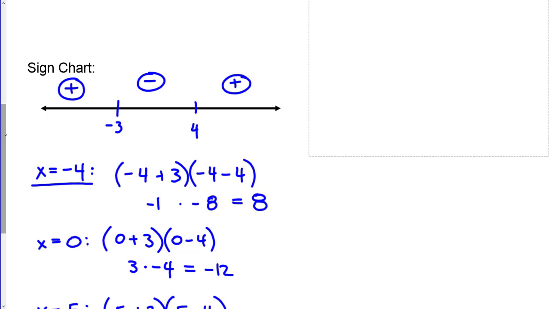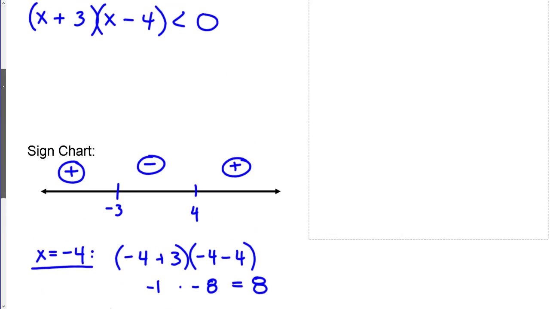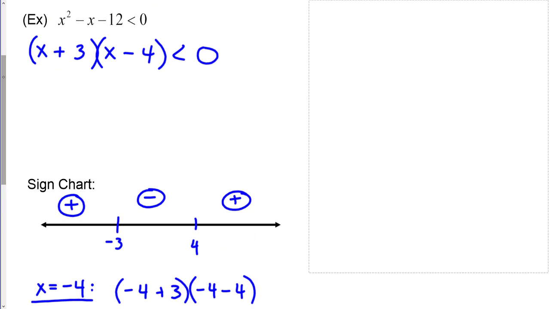Now, the original question wanted to know, when is this polynomial x squared minus x minus 12 less than 0? Well, it's less than 0 when it is negative. And it's going to be negative on the interval from -3 to +4, because I've determined through my sign chart that everything on that interval is negative.